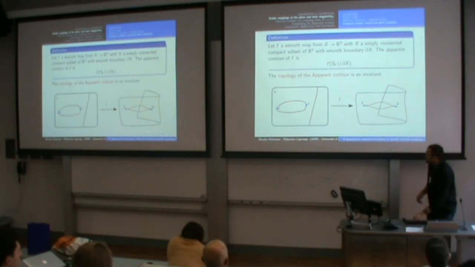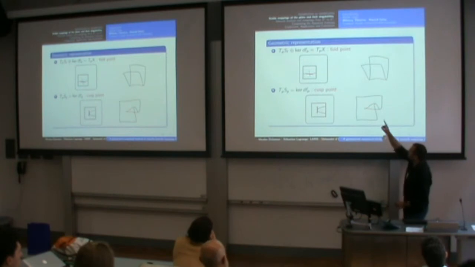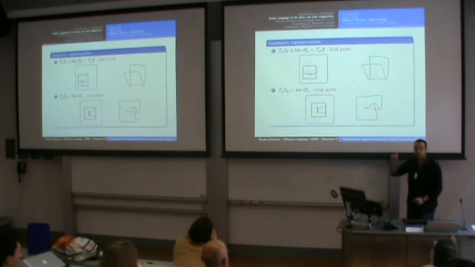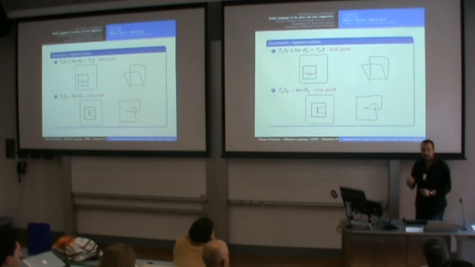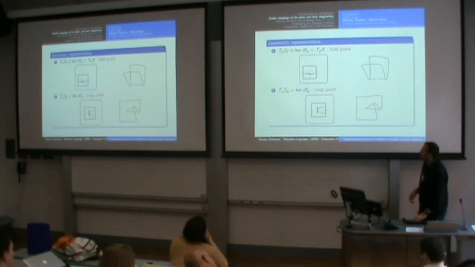Maybe I can put it in red. You can see fold point and cusp point are written in red. So this is invariant. This is the thing that is going to be true if you apply a change of variable.